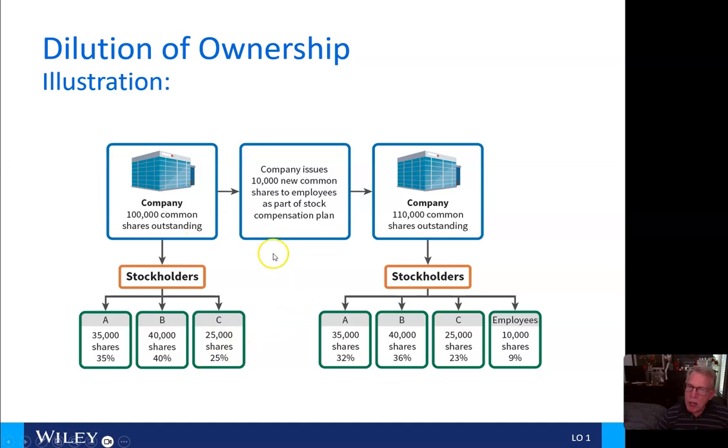But now the company issues 10,000 new common shares. So now we have 110,000 shares. Our original stockholders own the same amount of shares, but their percentage ownership has been diluted by the additional 10,000 shares. I think that's pretty easy to see how we can dilute ownership.